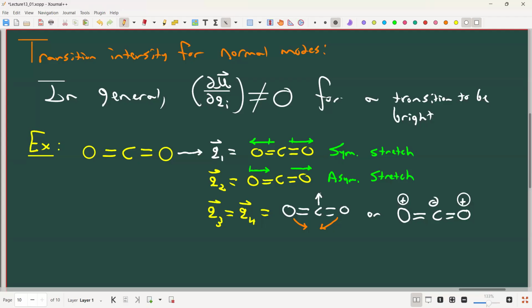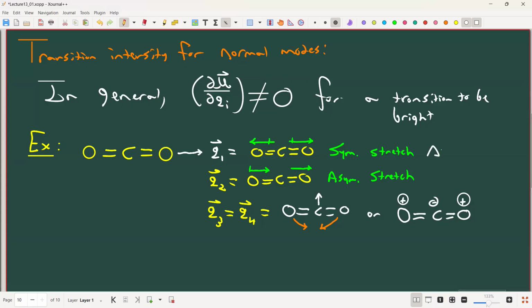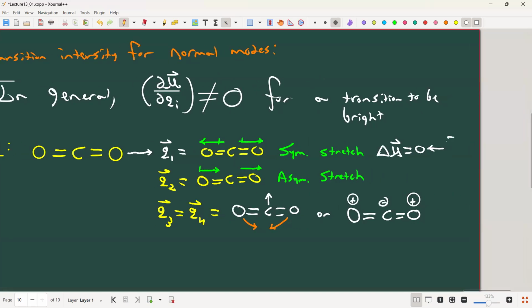So the dipole moment of this system is still 0, because anything that this O creates is canceled out by this O pushing in the opposite direction. So the change in the dipole is 0, and so this is forbidden. We do not see this in the IR.